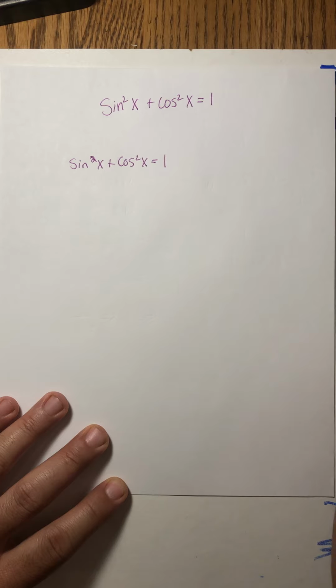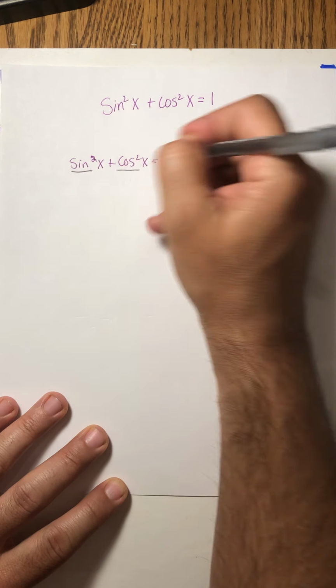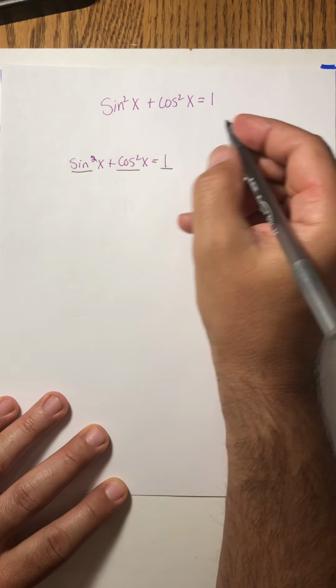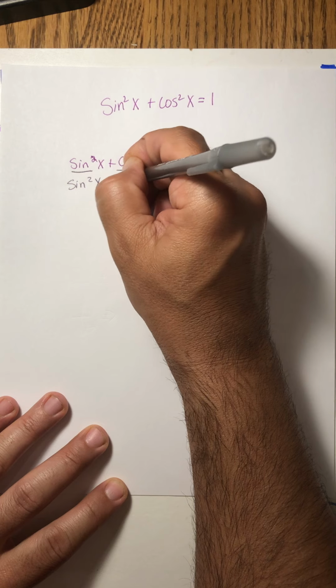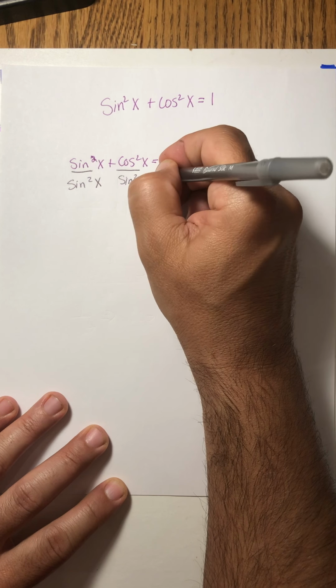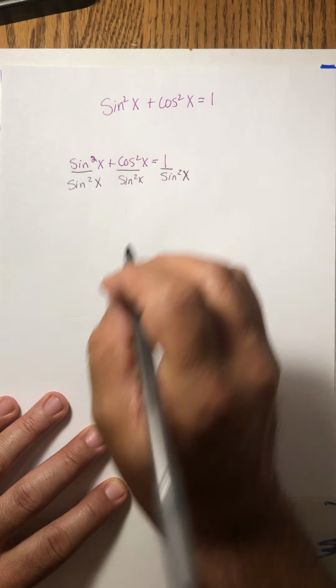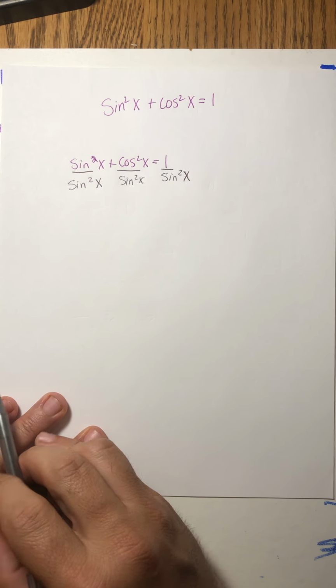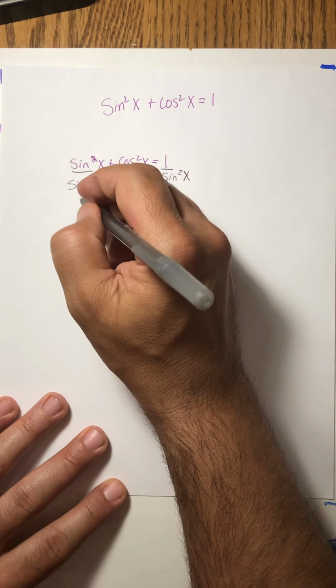And I'm going to divide everything. What I do to the left, I'm going to do to the right. I'm going to divide everything by sine squared of x. And look at this equation that we create. I know right now it looks confusing, but what do you know about sine squared over sine squared? Well, that is equal to 1.